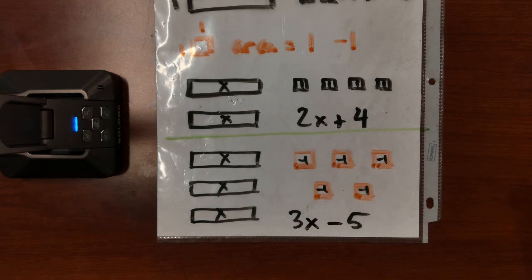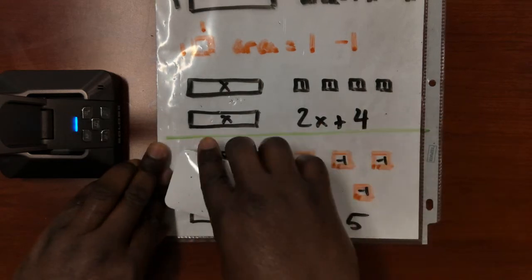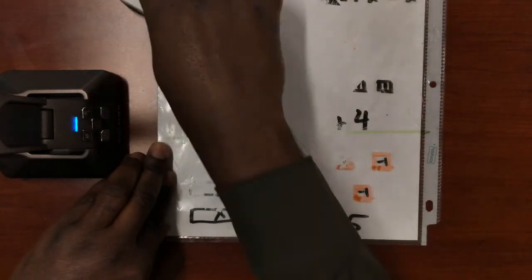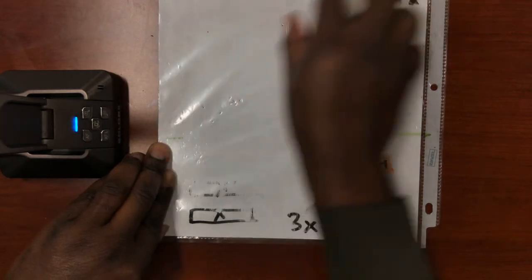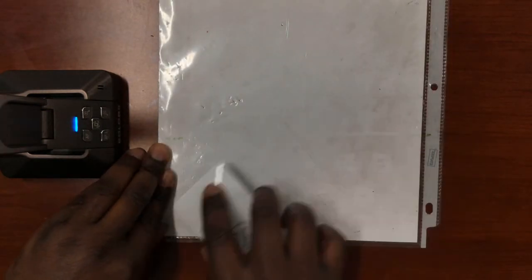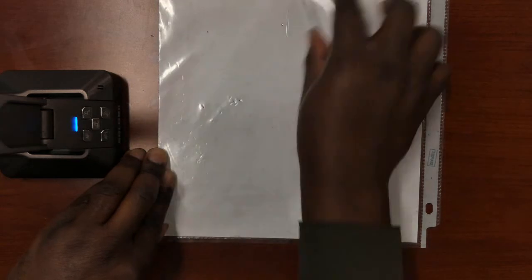Write an expression to represent the product of the two binomials. Let me go ahead and erase this part right here. What I answered just now was on page 23, and I'm getting ready to hop over to page 24.